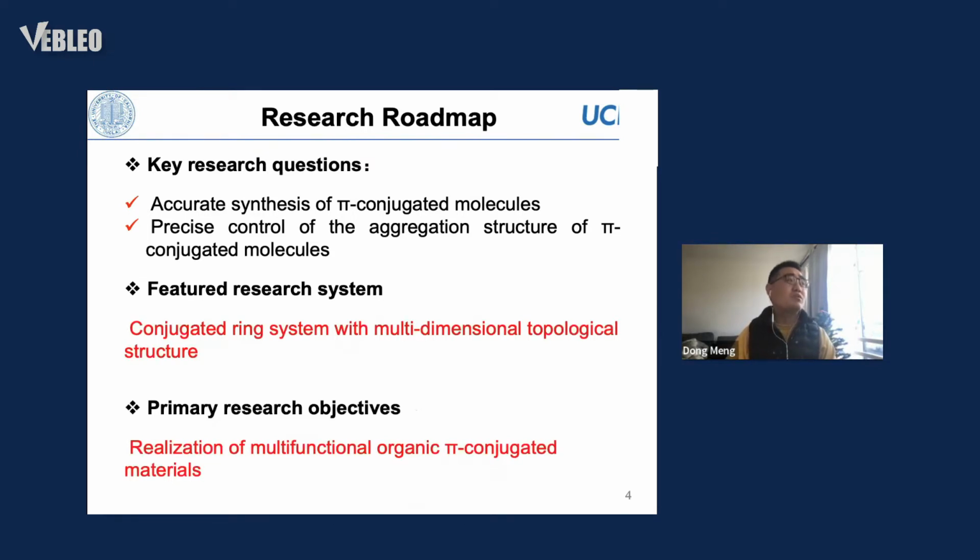The first is how to accurately synthesize pi-conjugated molecules. The other is how to precisely control the aggregation structure of the conjugated molecules. After that, we must select the research systems, since conjugation systems have multi-dimensional topological structures, and we must select better molecule systems, such as those with which we realize multifunctional organic pi-conjugated materials.